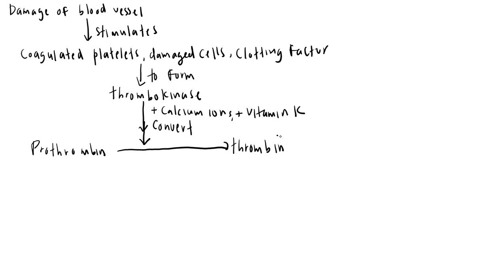This is the step by step. Thrombokinase plus calcium ions plus vitamin K will convert prothrombin into thrombin.